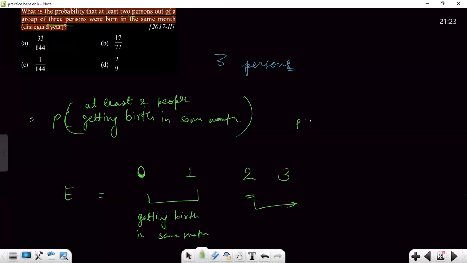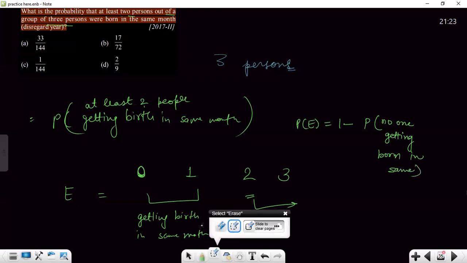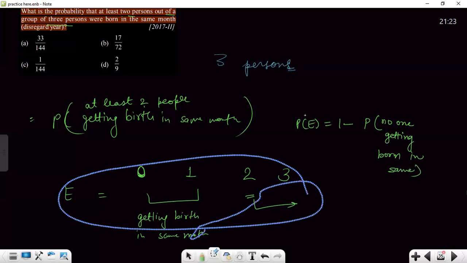So what we'll do, we'll find the probability of event E as 1 minus the probability of no one getting born in the same month. Now, what is the event E here?